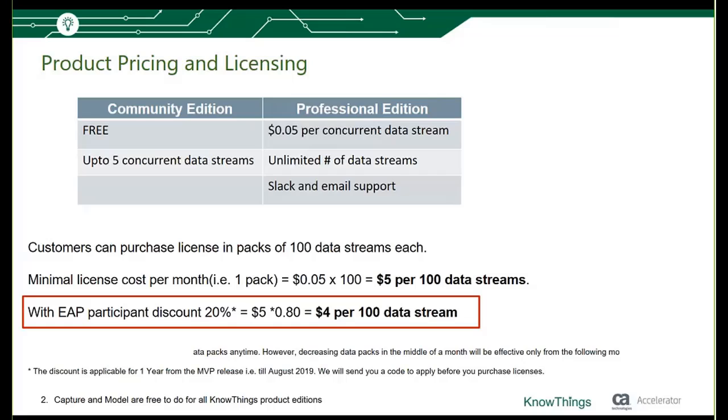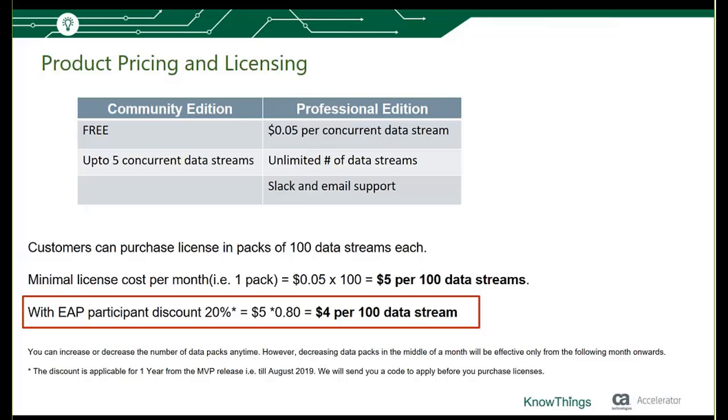So when we released the product, we came up with 2 editions. The first one is something that's been available on preview for a while. It's called Community Edition. This is absolutely a free product where you have the ability to download and play with it, with a restriction of up to 5 concurrent data schemes.